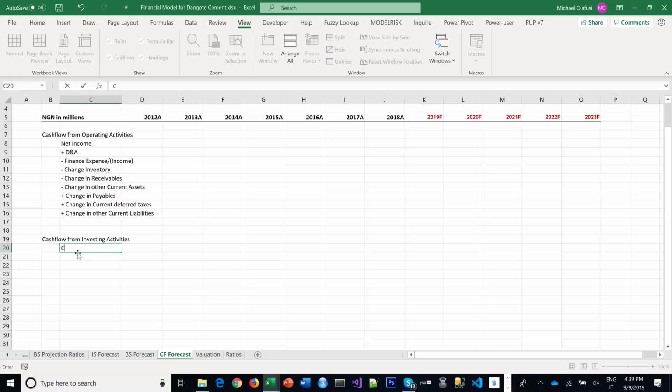Capital expenditure, capex, which is actually changing your fixed assets and the rest. So change in depreciable fixed assets. So change in PP&E and intangibles.